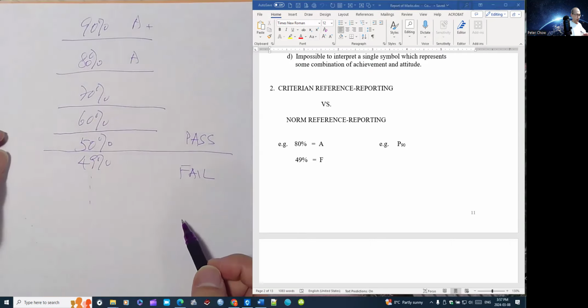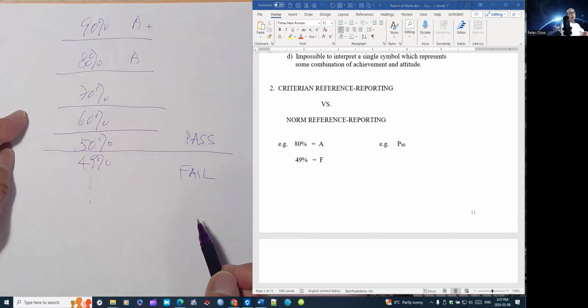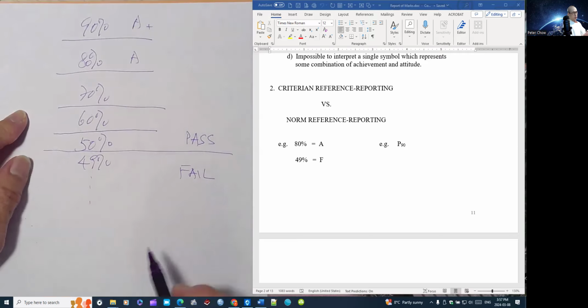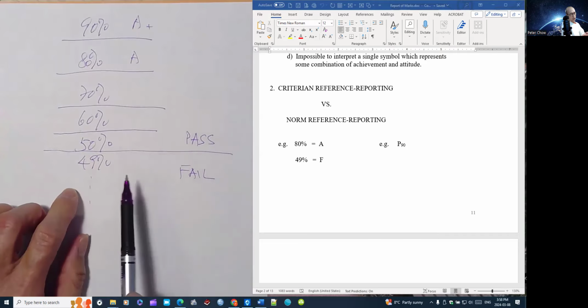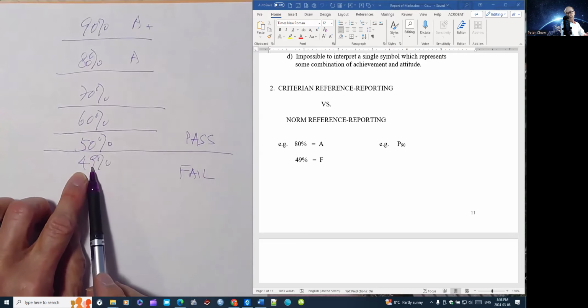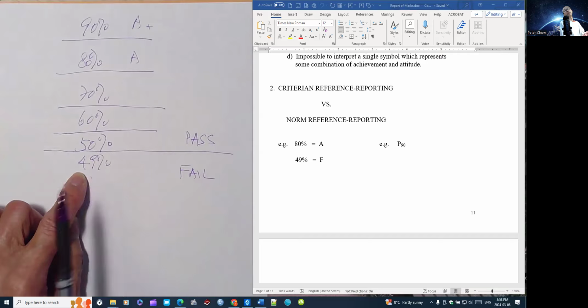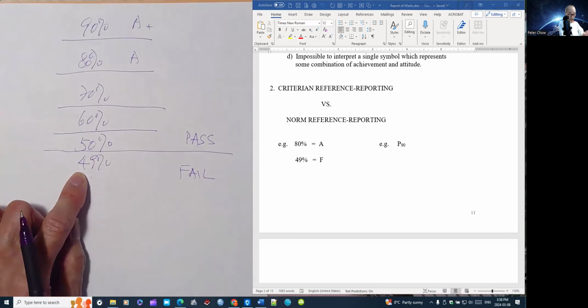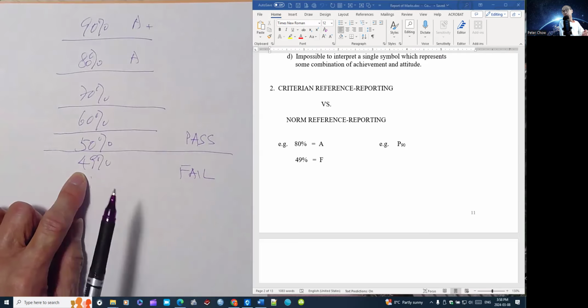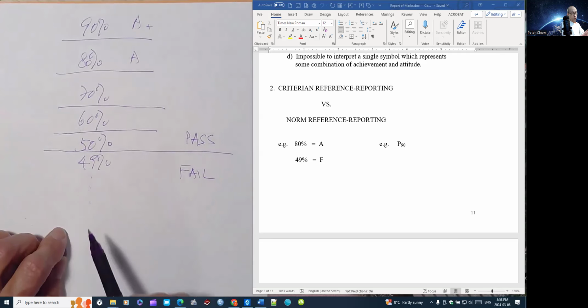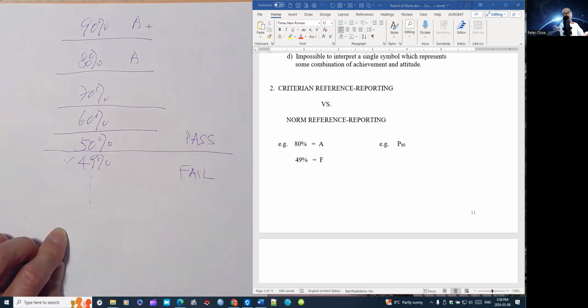Now, you may ask, Peter, what would you do if one of the students receives 49%? Would you flunk this student? Well, I can tell you, Peter will pass this student.